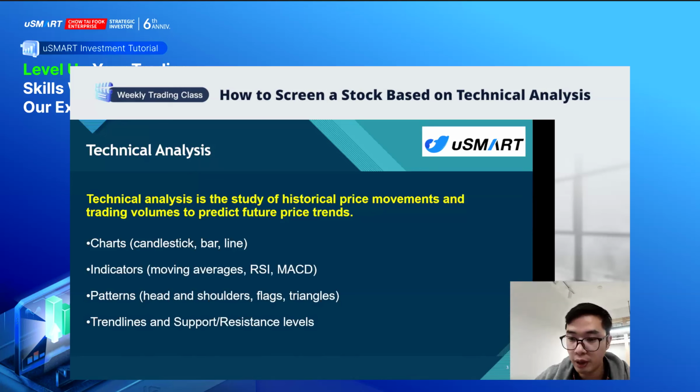And the famous ones are trend lines and also support and resistance levels. For all these, I actually already shared last week. So this is just an idea about what we use in technical analysis: charts, indicators, patterns, and trend lines and support and resistance.